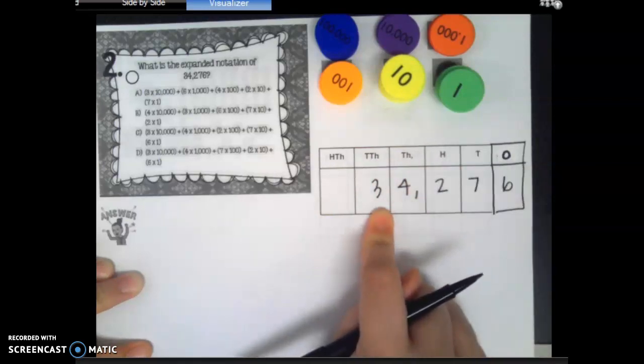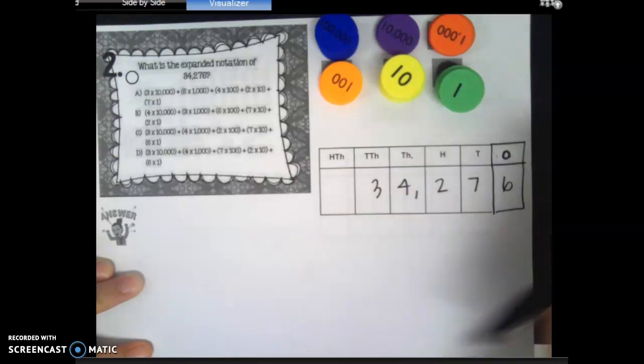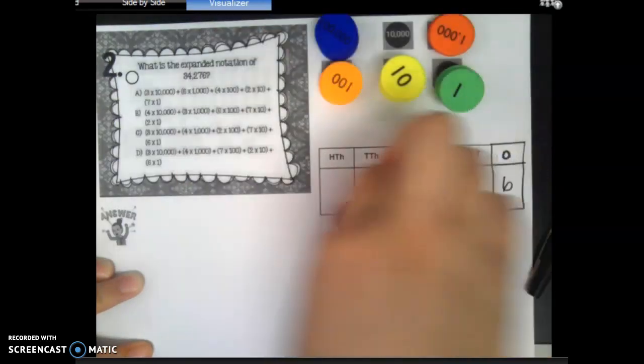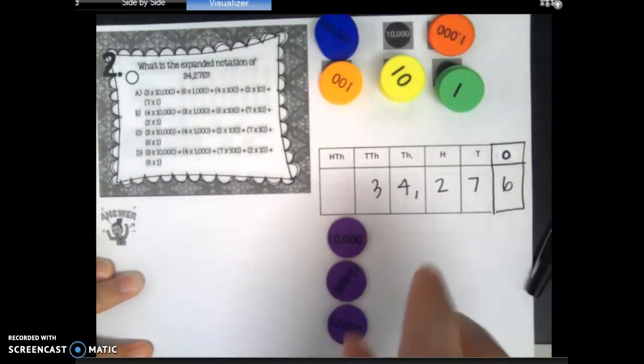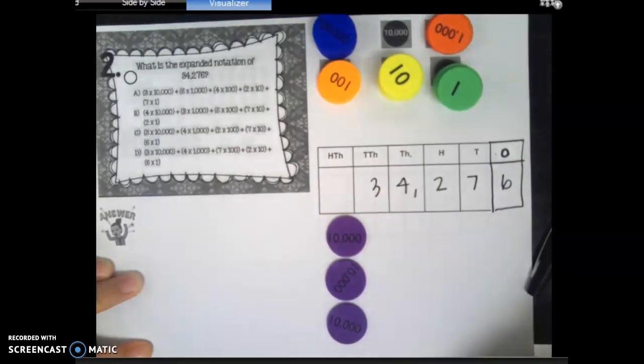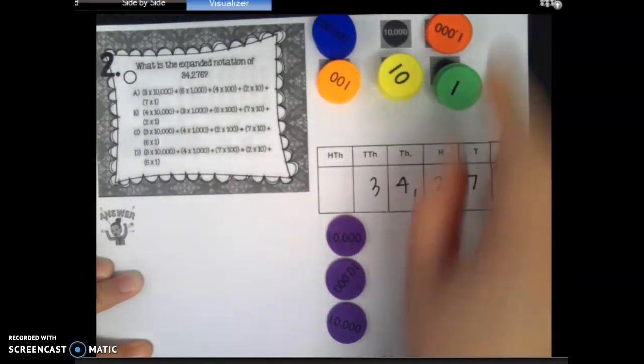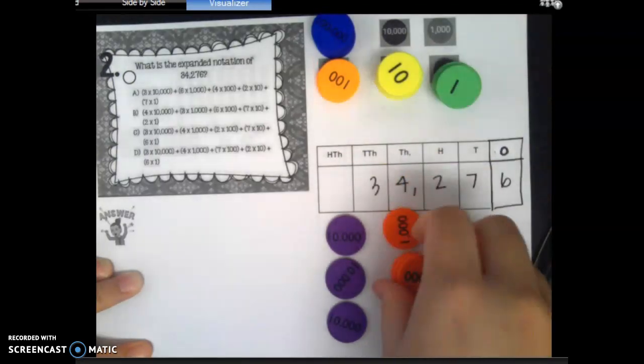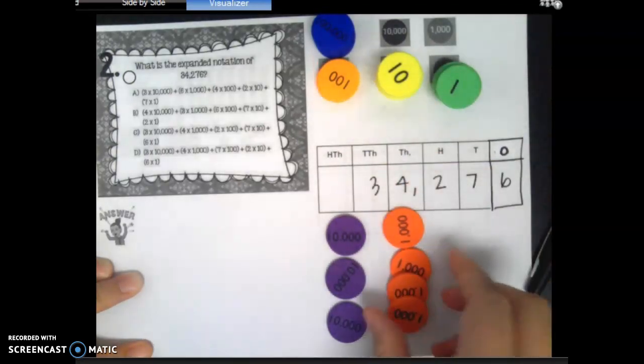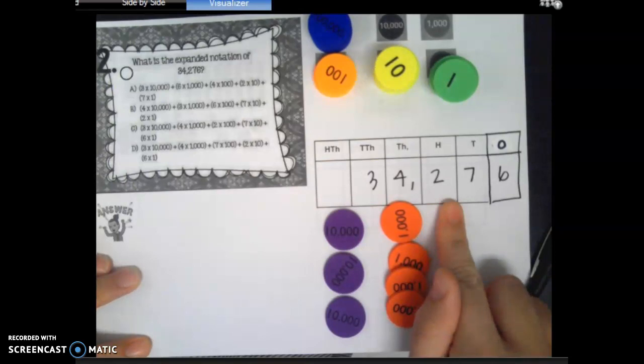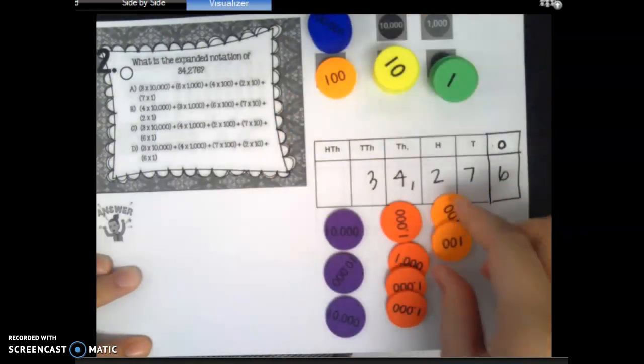How many 10,000s do we have? We have 3 10,000s. So 1, 2, 3. How many thousands do we have? 4 thousands. 1, 2, 3, 4. How many hundreds do we have? 2 hundreds.